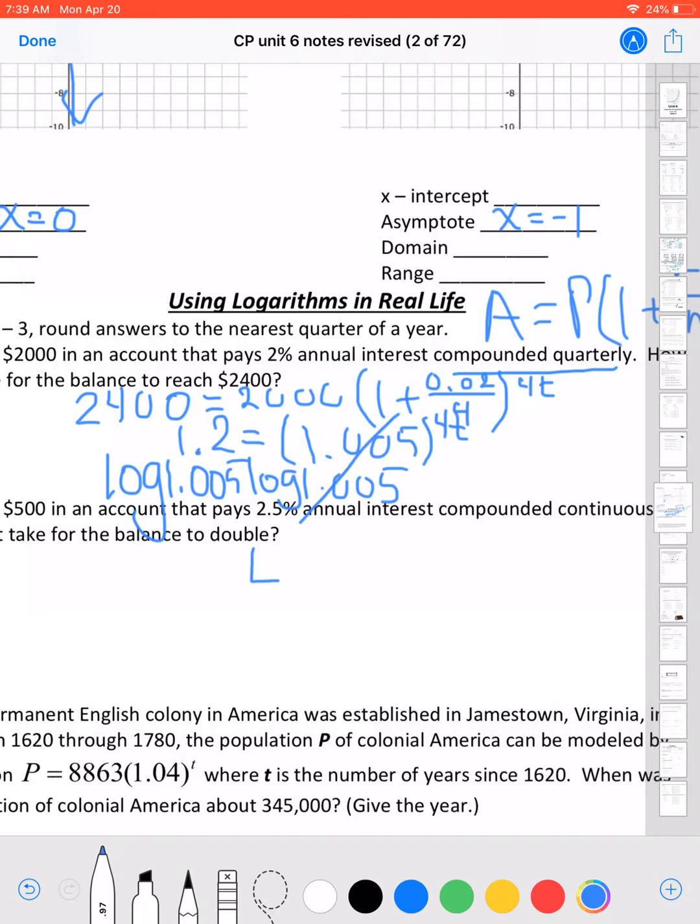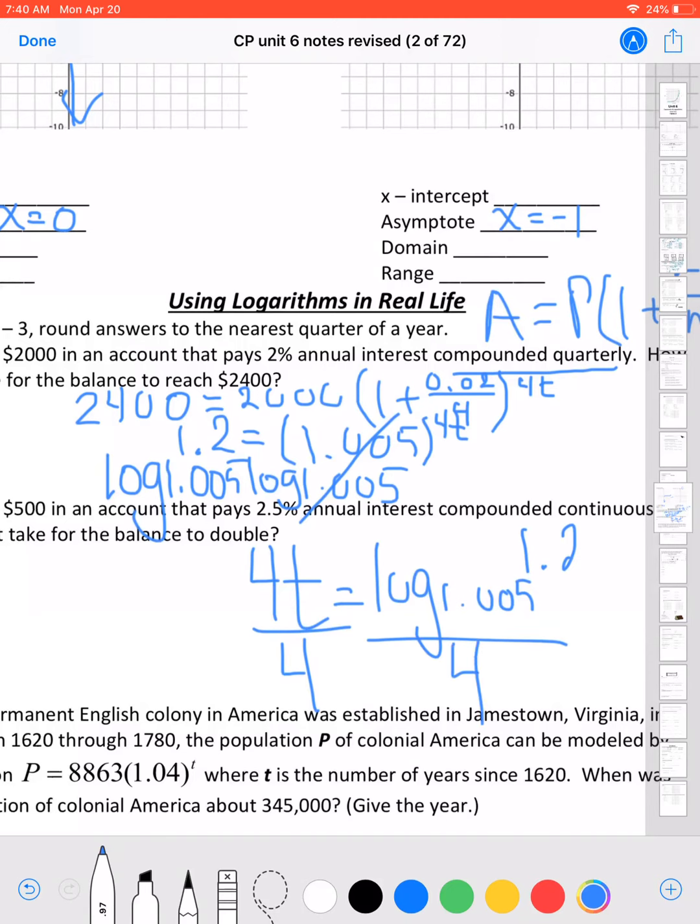I'm going to write it below because I'm probably not going to be able to do that one, but you can check my notes for the other problems. 4t is equal to, and you would literally type this into a calculator, log base 1.005 of 1.2. You would plug that in a calculator, and to get t by itself, you would divide that decimal by 4. Answer. So this is where I'm going to stop the video, and then I'll do another separate video on the properties of logs.